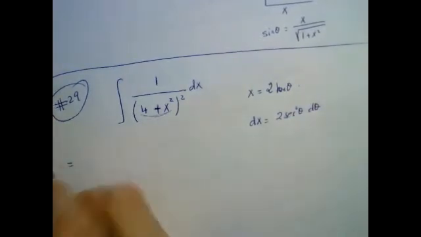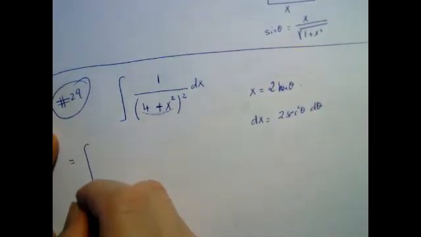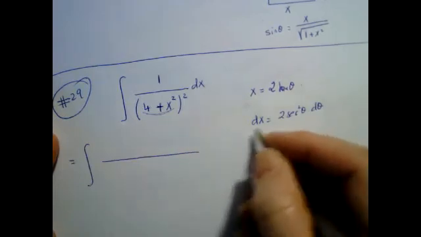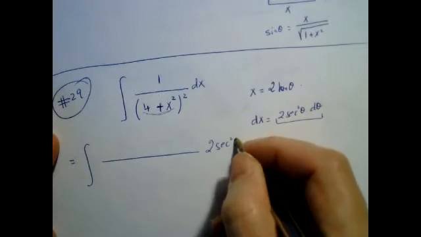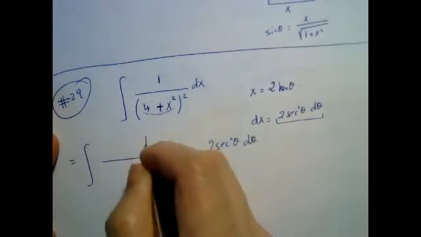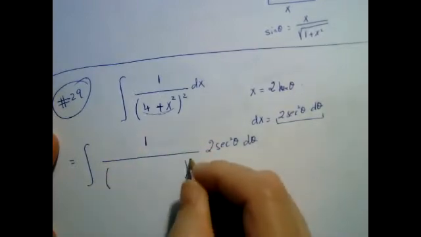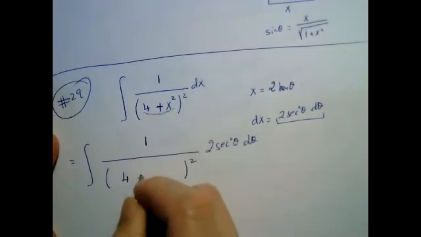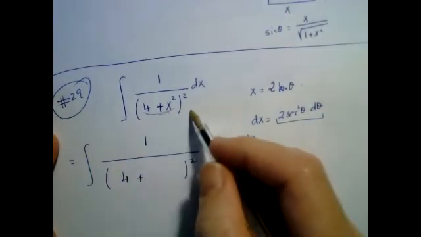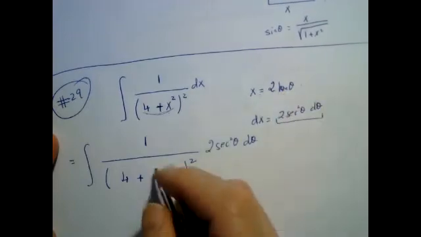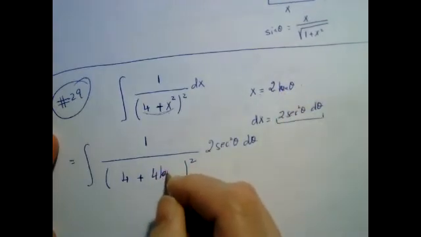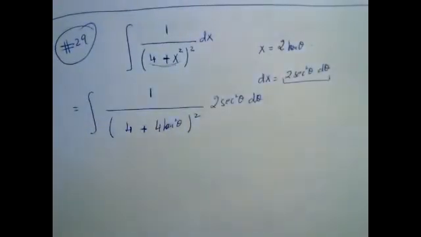Now I'm going to do my substitution verbatim. My dx is this piece right here. And this I will have 4 plus x squared. x squared means x times x. It means 4 tangent squared theta.